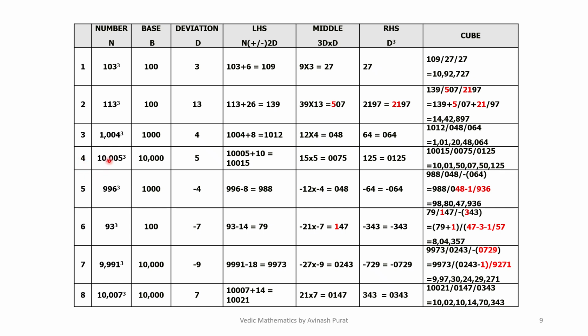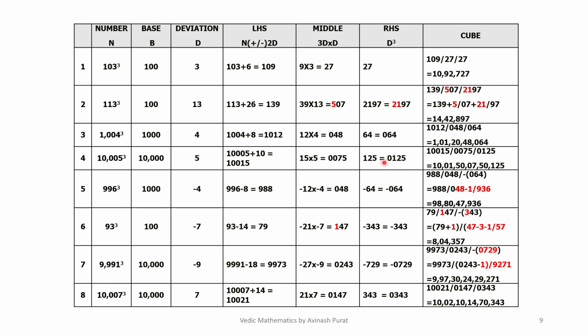Fourth example, 10,005 cube. So base here is 10,000, deviation is 5. So left hand side figure is 10,005 plus 10, that is equal to 10,015. Middle term is 15 into 5, that is 0075, and the right hand side is 5 cube, 125, that is 0125.